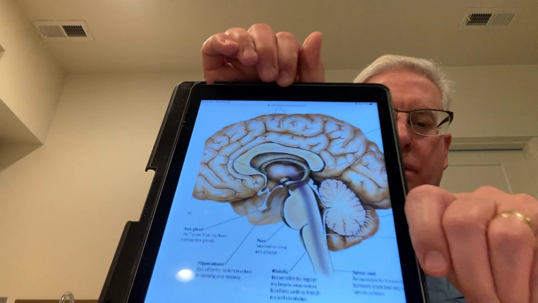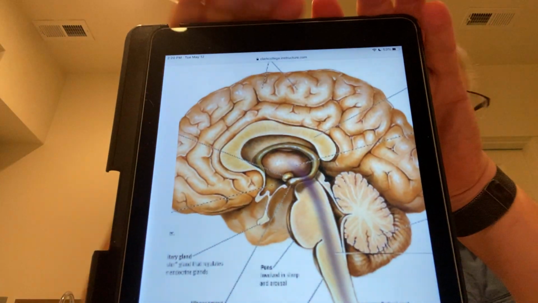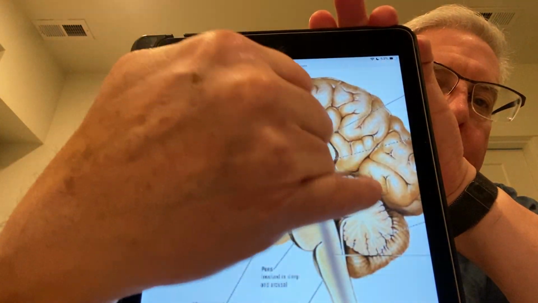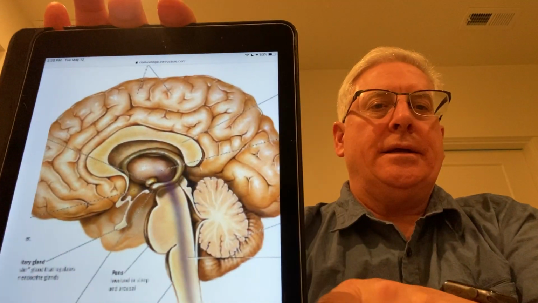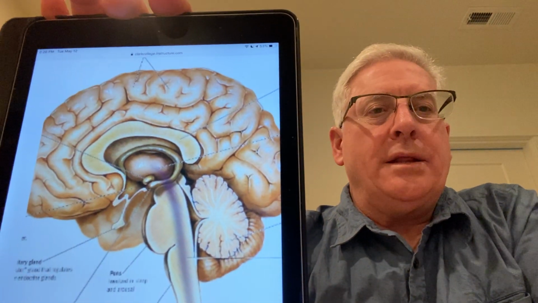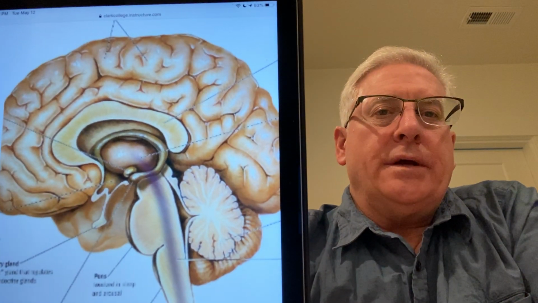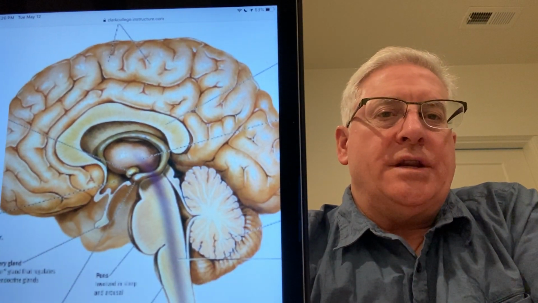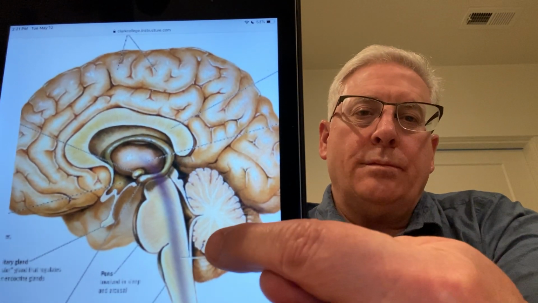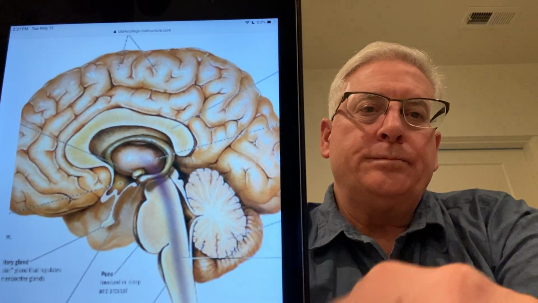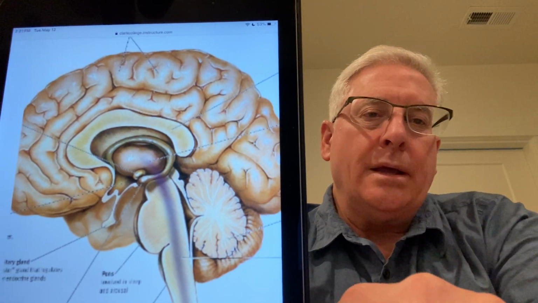There is a picture of the cerebellum from the inside, right here. Okay? And as I said, all coordination and balance occurs. And so therefore, if someone has imbibed too much of the demon alcohol, the first place it goes to is the cerebellum. And what does the cerebellum do? Balance and coordination.